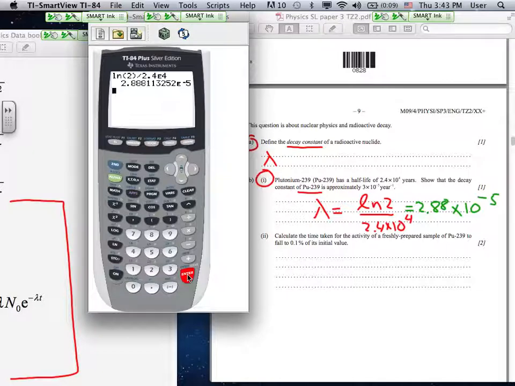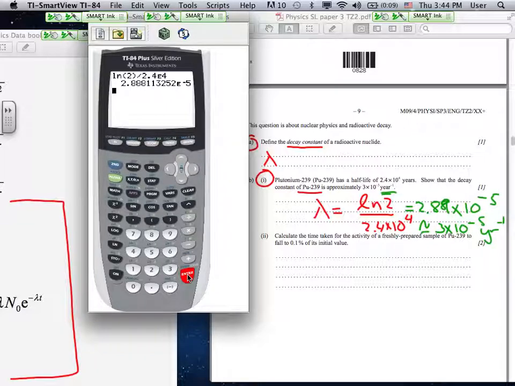It's actually 2.89 if I was rounding it like that, which is approximately equal to 3 times 10 to the negative 5. And that is obviously going to be year to the negative 1 because we're dividing by year, so year to the negative 1.